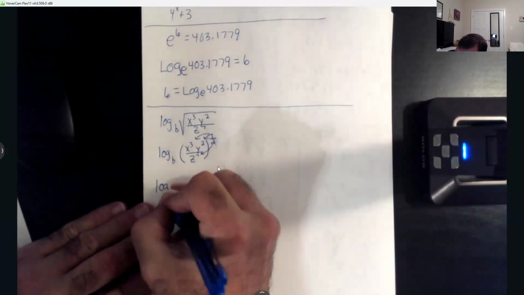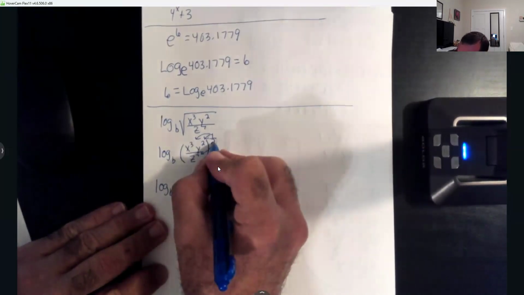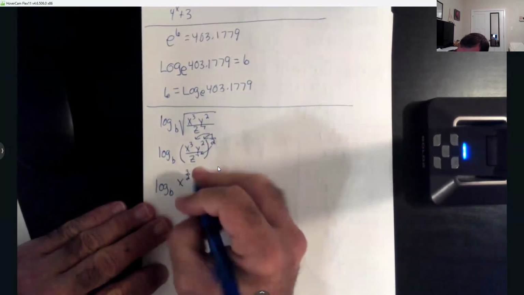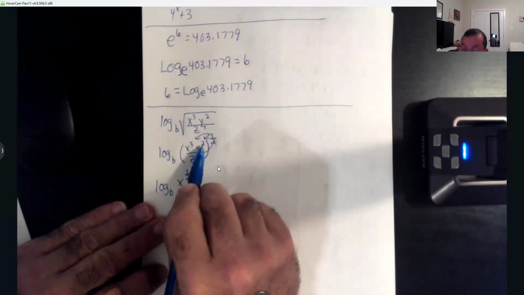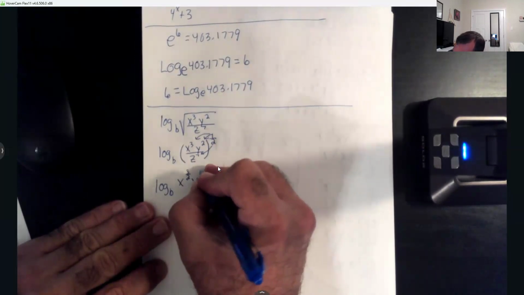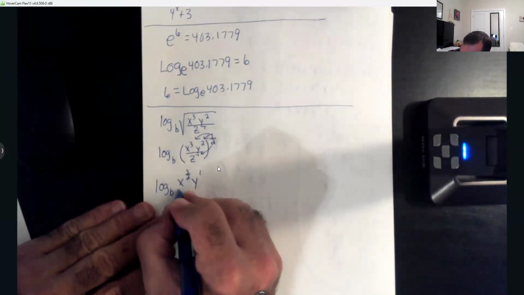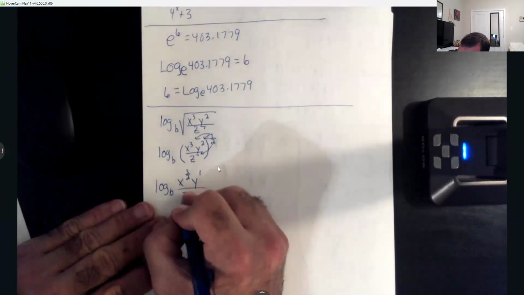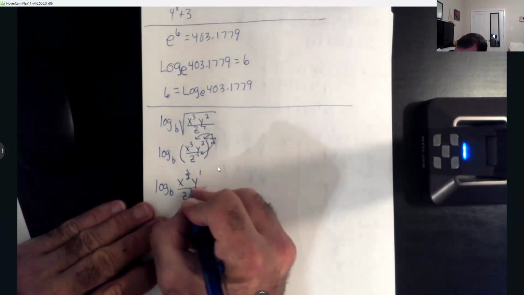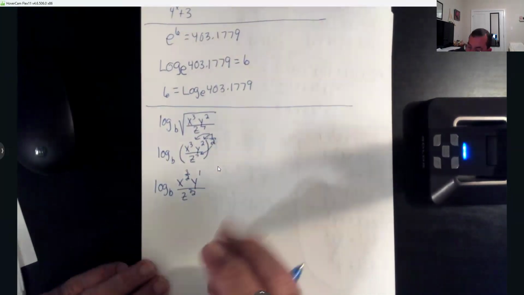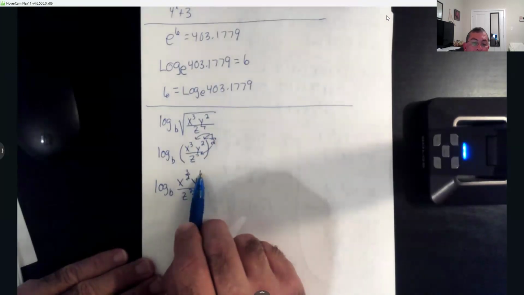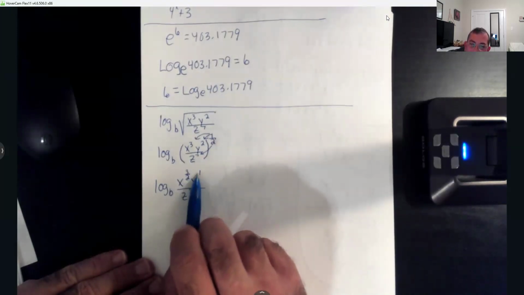So y'all get a log b. 3 times 1/2 gives me x to the 3 halves. On the y, 2 times 1/2 is 1, basically. On the bottom, z, 7 times 1/2 is 7 halves. Now, y'all, the y has the exponent of 1, so I don't have to write it on my next step, okay?